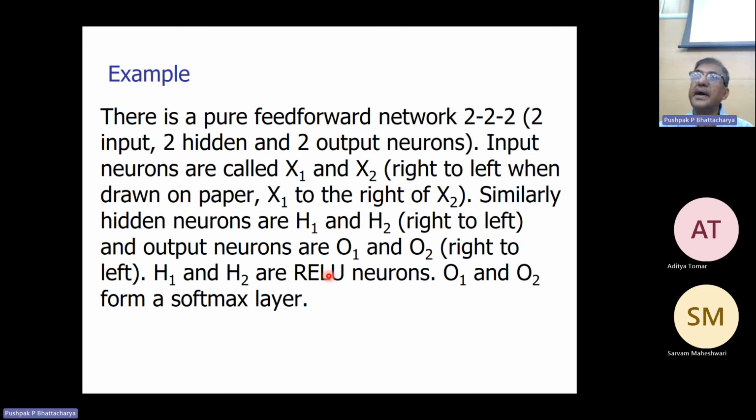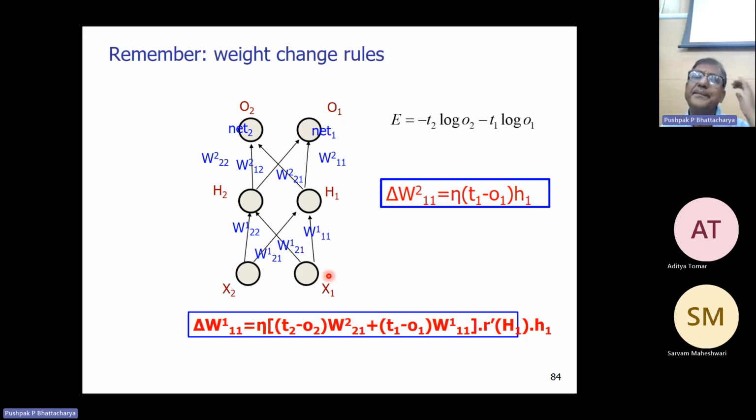Then y is equal to x is the equation, and y is equal to 0 is the equation before 0. The derivative does not exist at 0; it is forced to be 0 at 0. Before 0, the derivative is 0, and above 0, the derivative is 1. ReLU is used to solve the vanishing and exploding gradient problem. We'll see how. But now let's work on this problem.